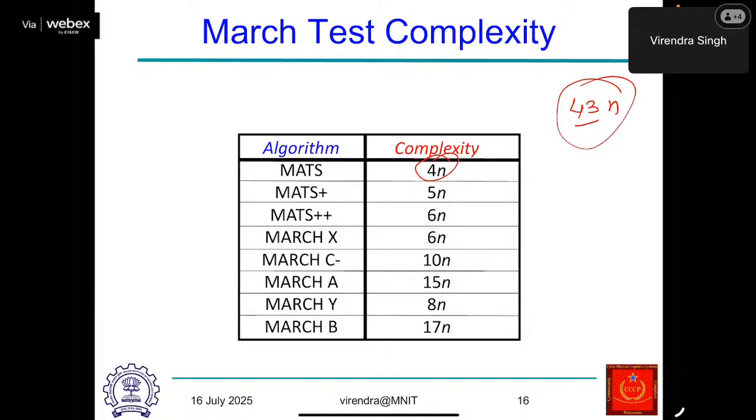Sometimes, on some laptops, whenever you power your laptop on, it generally tests the memory and asks which algorithm you want to use, whether you want 4n, 5n, 43n, 10n, 15n, and you can choose, and it will quickly run that algorithm and tell you whether your memory is good or not.